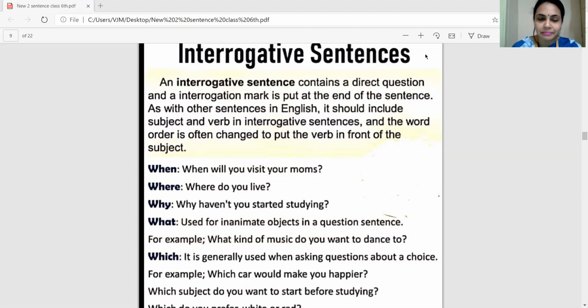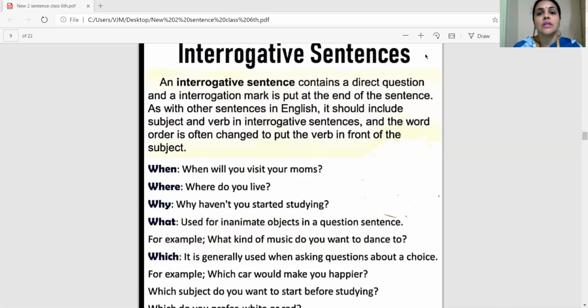Let's begin. An interrogative sentence contains a direct question. Of course, as the name suggests, an interrogative sentence contains a direct question. That means when we are framing or speaking an interrogative sentence, a question sentence, we are expecting an answer.